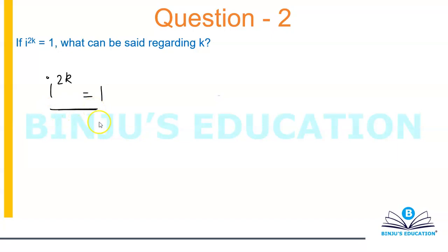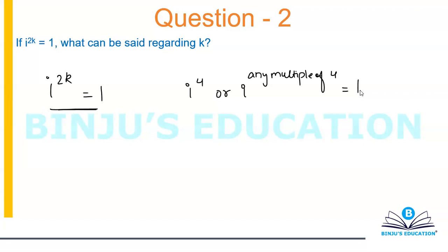Now if you remember, whenever you have i to the power 4 or i to the power any multiple of 4, this is always equal to 1. Like i to the power 4 is 1, i to the power 8 is 1, i to the power 12 is 1, i to the power 16 is also 1.